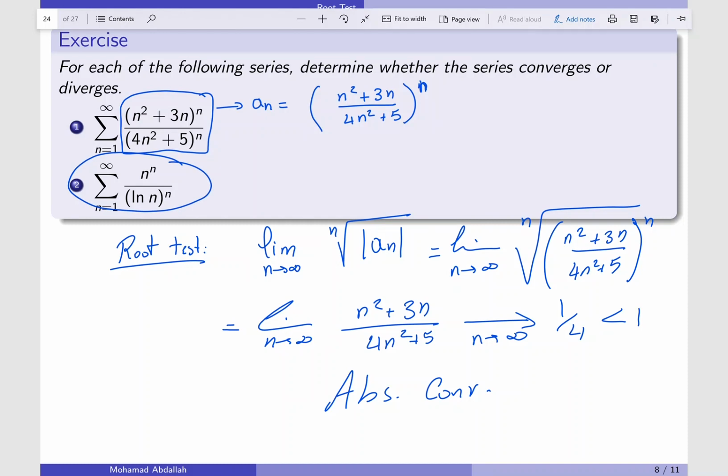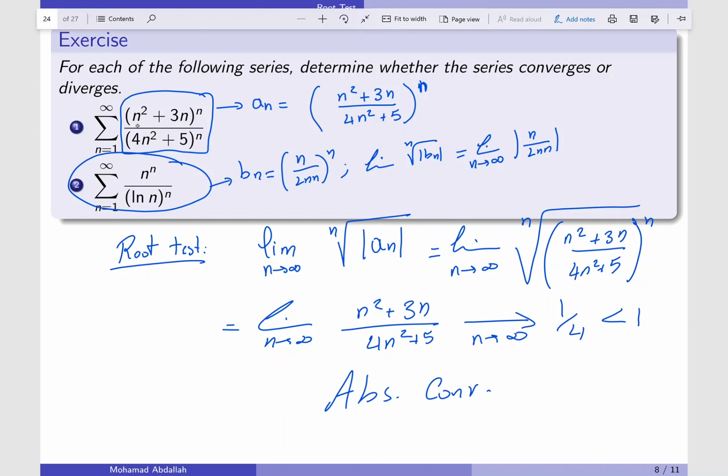For this one, let's call it b(n). So b(n) is equal to n over ln n, to the power n. Now, if I take the limit of the nth root of the absolute value of b(n), this is going to be the limit of the absolute value of n over ln n when n goes to infinity. Now here you have a problem, because when you take the limit at infinity, that's going to be infinity over infinity.